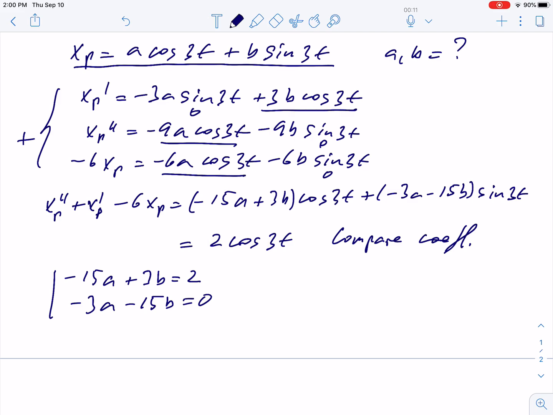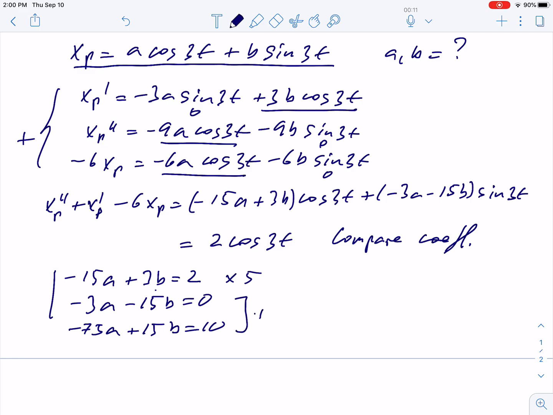Let's do elimination. Multiply the first equation by 5. We'll make the coefficient in front of b plus 15, and then we shall add to the second. So when we multiply the first equation by 5, it becomes negative 75a plus 15b equals 10.